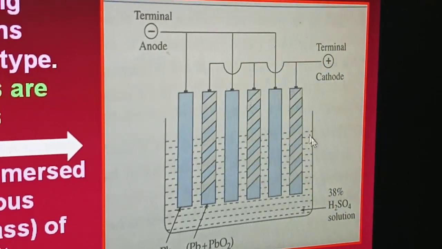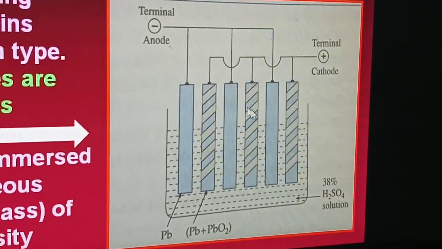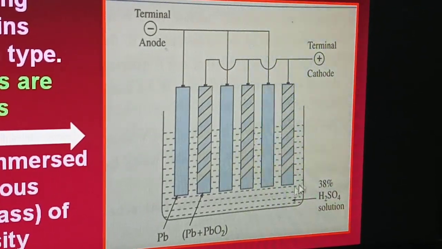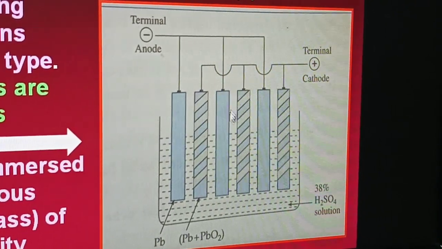In this container you find a series of lead electrodes connected alternately. Let us see how.